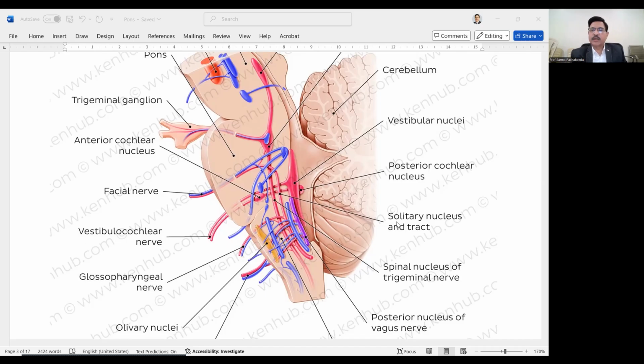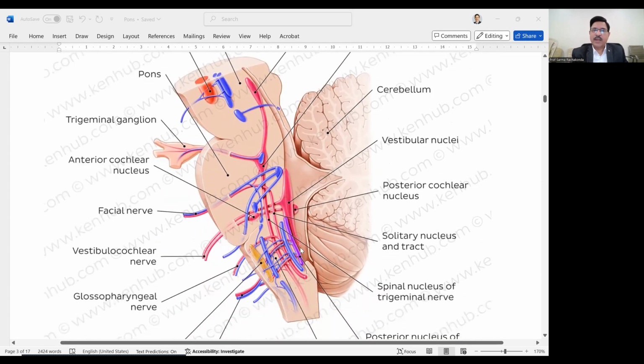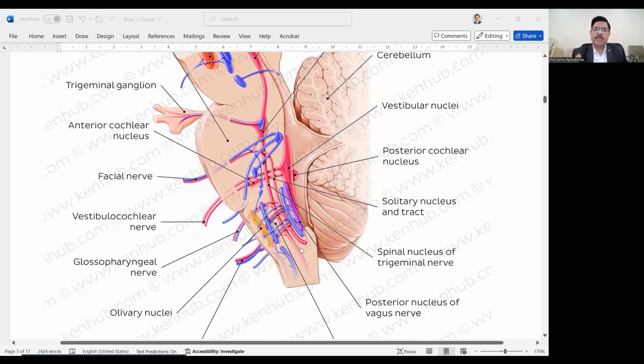There is what is called the solitarius nucleus and tract. This is called the tractus solitarius. This is the motor component. Then there is a spinal nucleus of the trigeminal. This means what? The trigeminal nerve basically has the nucleus in the pons with an extension to the midbrain, which we have called the mesencephalic nucleus, and a projection downward into the spinal cord, which is called the spinal nucleus of the trigeminal.